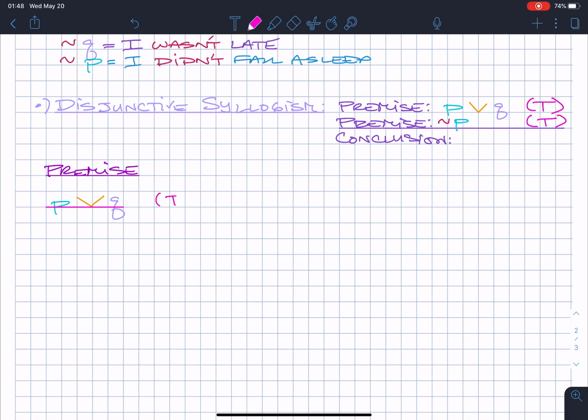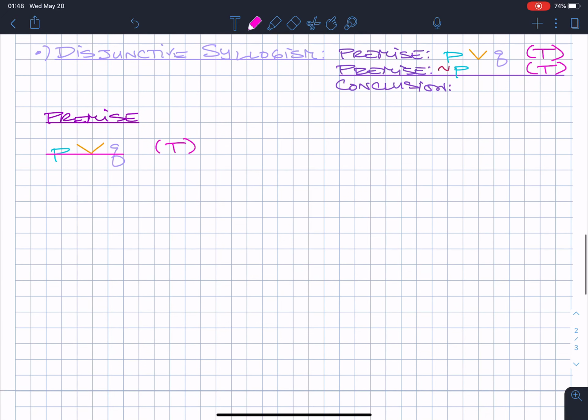So the only time that or is not true is when there are two falses. As long as one of them is true: true true, true false, false true. These are the three times when the or is true.